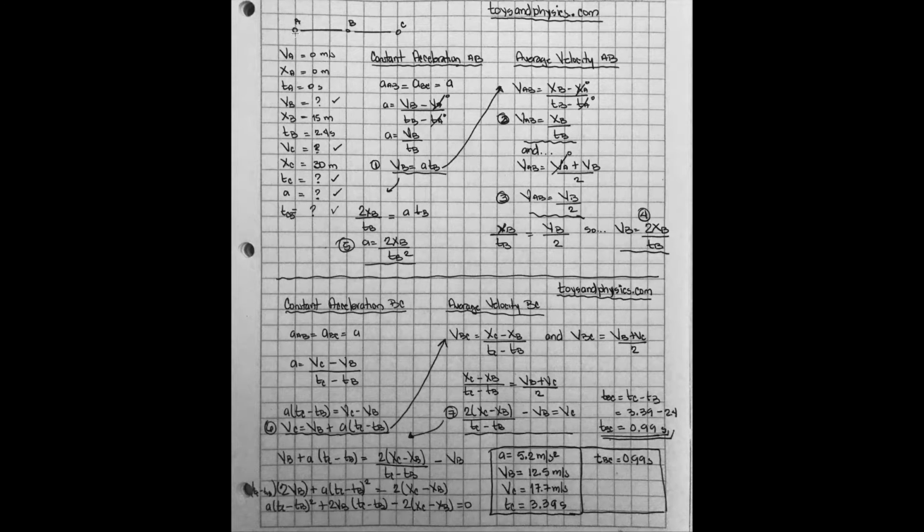I'm going to solve everything I can solve from A to B. I'm going to check if I can find the velocity at B, and then the acceleration for this portion of the problem. And once I have those, I can go from B to C, right? So this top portion of the page is for A to B. So let's go with that, and then we'll go from B to C, right?